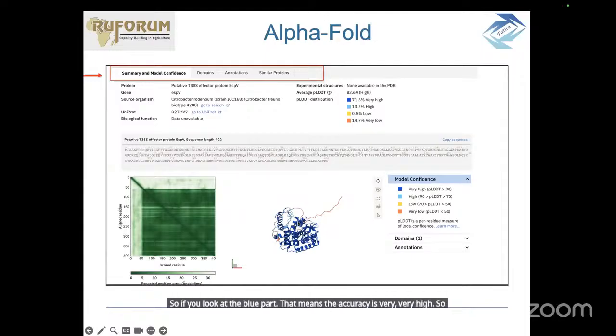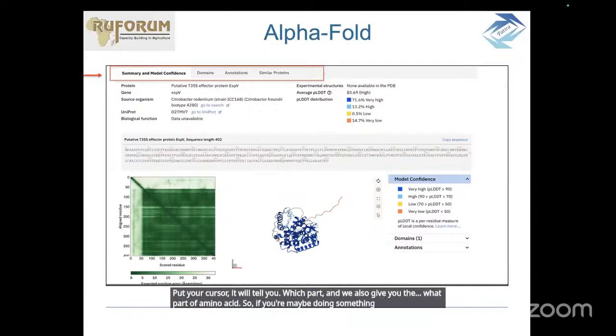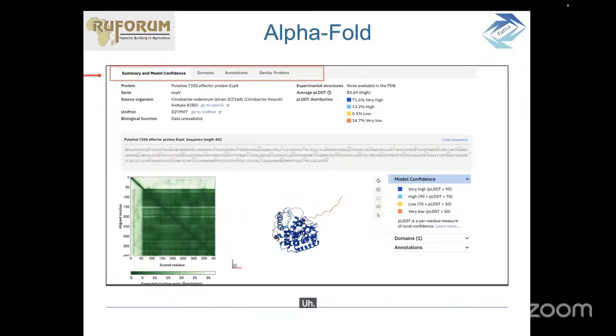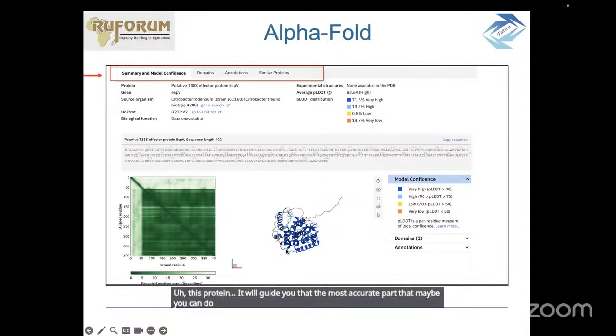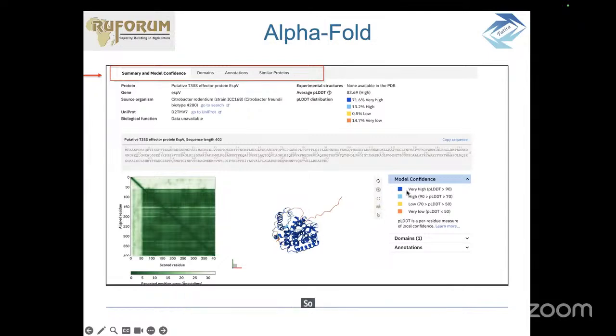When you put your cursor, it will tell you which part, and will also give you what part of amino acid. So if you're maybe doing something like mutation analysis in the lab of this protein, it will guide you that the most accurate part that maybe you can use in your analysis would be the blue part.